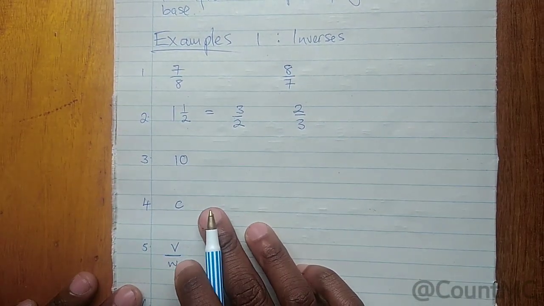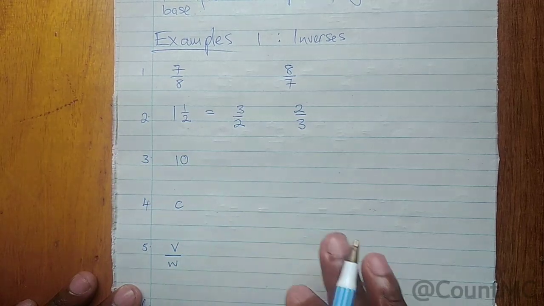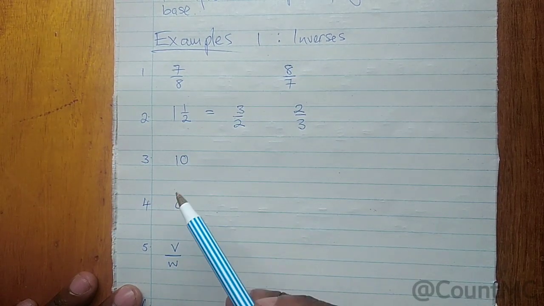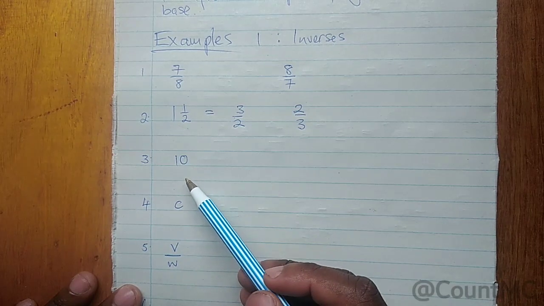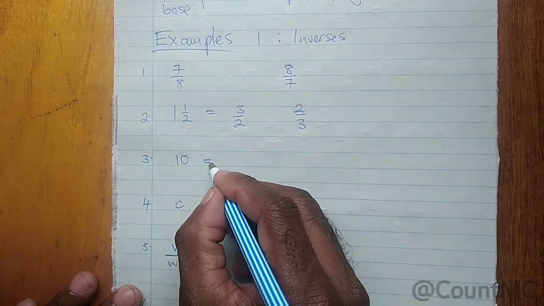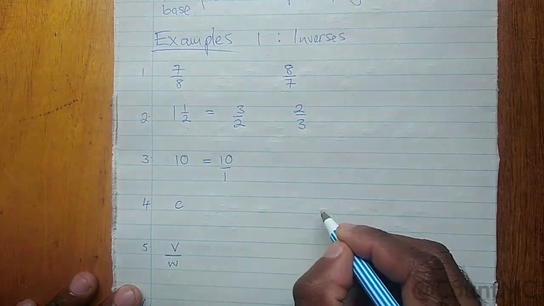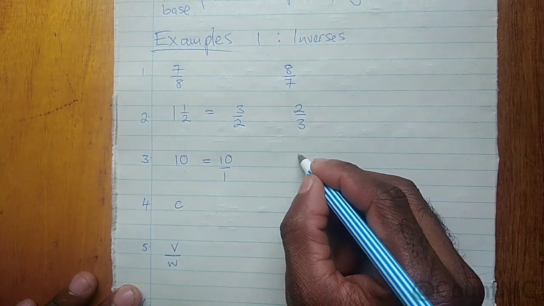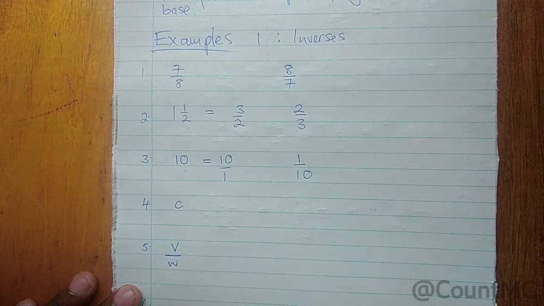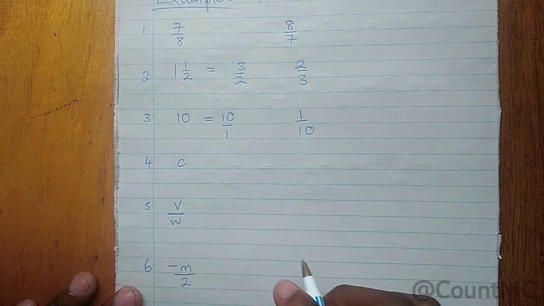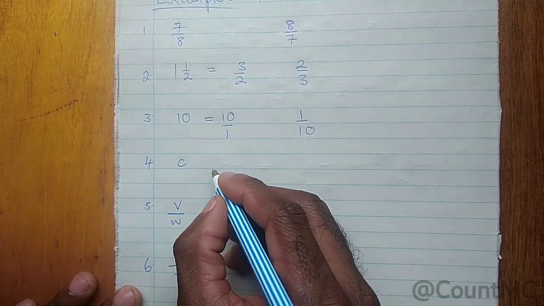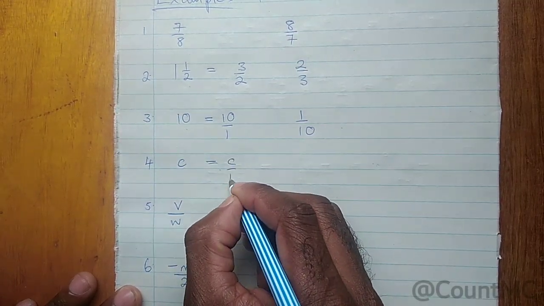An ordinary number like 1, 2, 3, 4, up to 10, or up to infinity, an ordinary number like this is the same as 10/1. So if you invert an ordinary number, you get 1/10. The same with variables. An ordinary variable like this is the same as c/1.